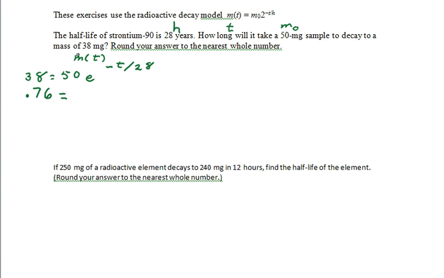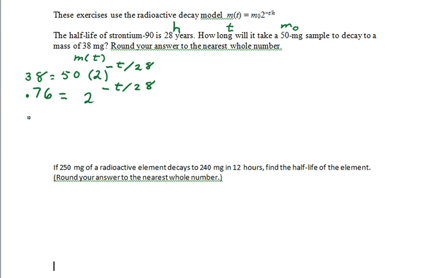But in this case, we get 0.76 equals, and I wrote e and I meant 2, so let me get that fixed. The formula uses a base of 2, and so we have 2 to the minus t over 28.